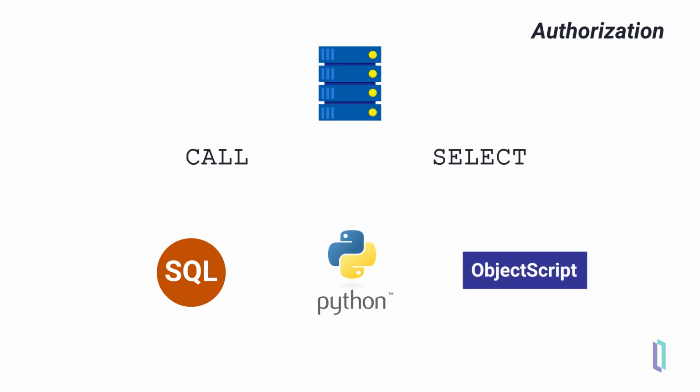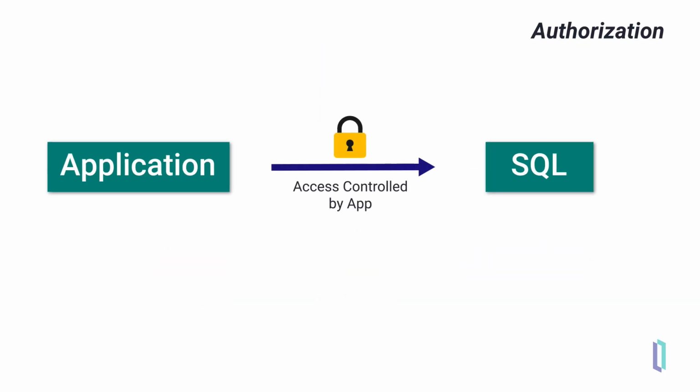Using ObjectScript or Python offers the most flexibility to include SQL statements along with ObjectScript or Python code in the procedure's implementation. If the application controls all access to SQL, there is no need to grant SQL privileges to individual database objects and procedures.